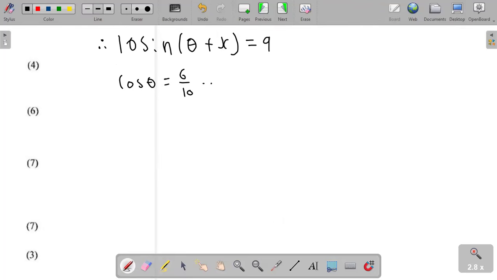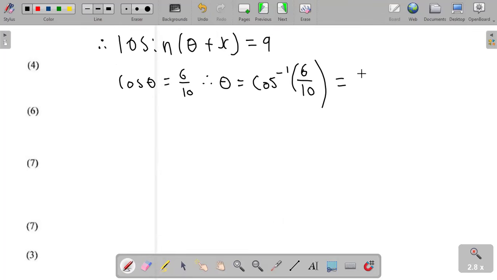So it means therefore θ equals the inverse cos of 6 over 10.